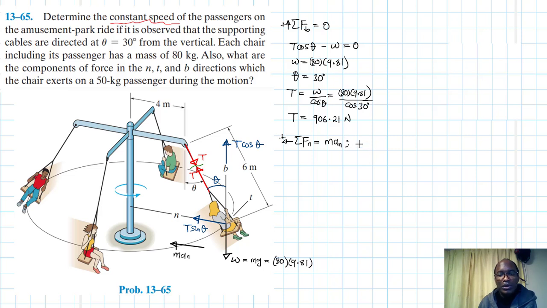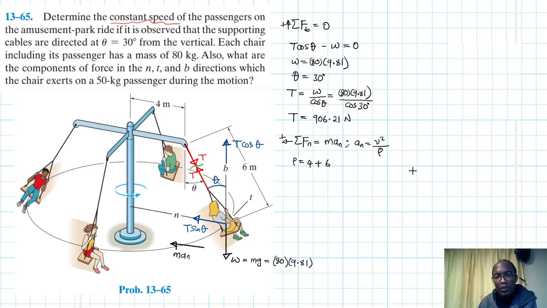Our a_n is equal to v squared divided by rho, where rho is equal to, what is our rho here? Our rho from this point is 4 plus the component of this length here, which is 6.